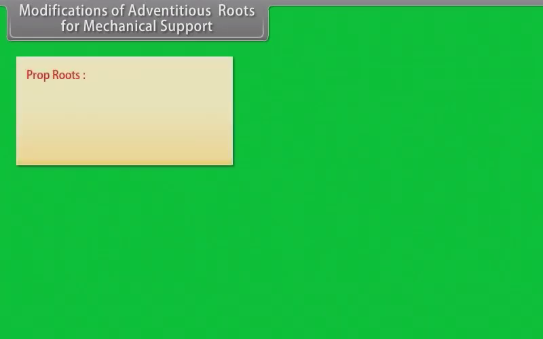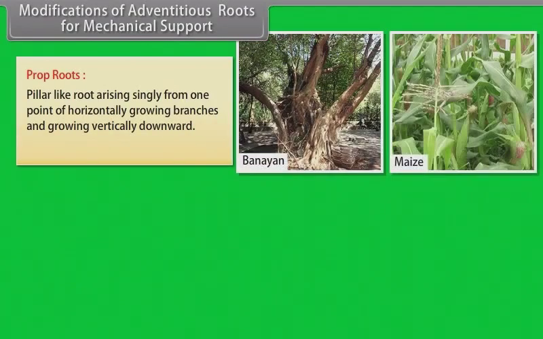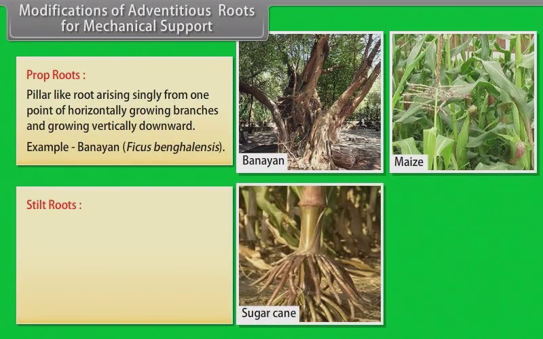Modifications of adventitious roots for mechanical support. Prop roots. Pillar-like roots arising singly from one point of horizontally growing branches and growing vertically downward. Example, banyan. Stilt roots.